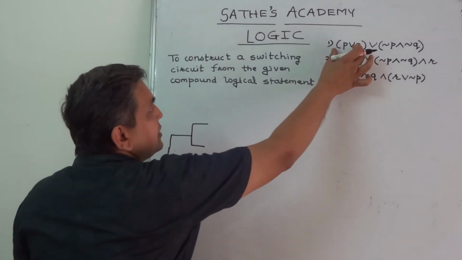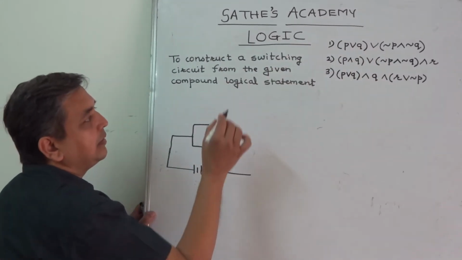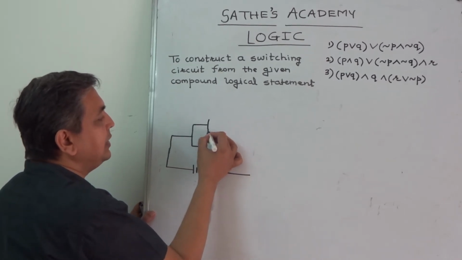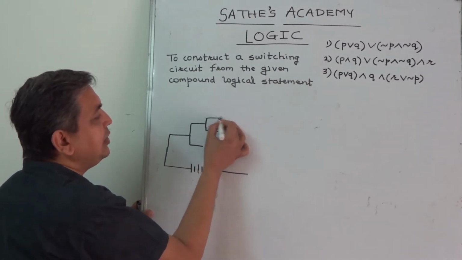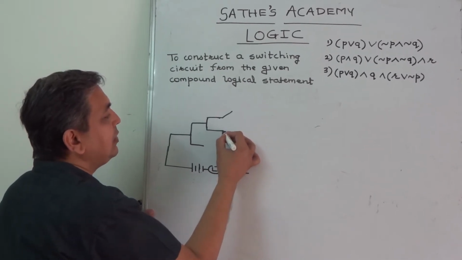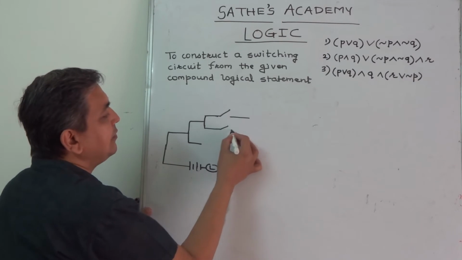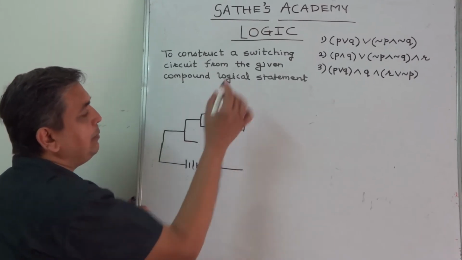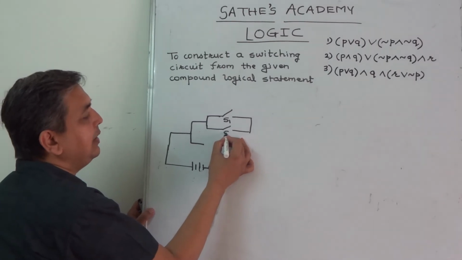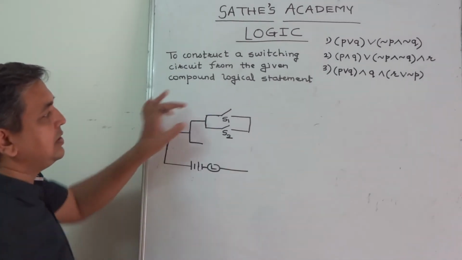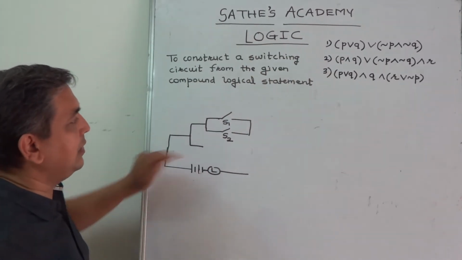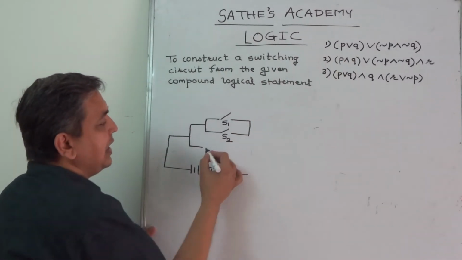Now in this first bracket we have P or Q. Again there is a parallel thing over there. So we change it further, either P or Q. Now P is denoted by S1, Q denoted by S2. So this is P or Q, the first bracket. This is OR.